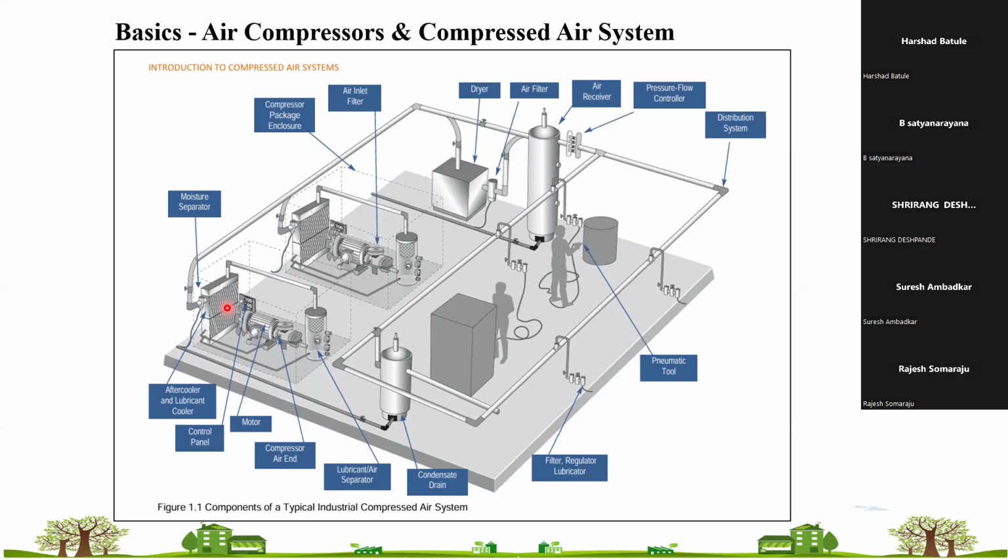If we are compressing air, the temperature is going to rise. That temperature needs to be on the lower side to reduce the work of compression. So intercoolers are used in between the stages. That will be an air-cooled intercooler or water-cooled intercooler.